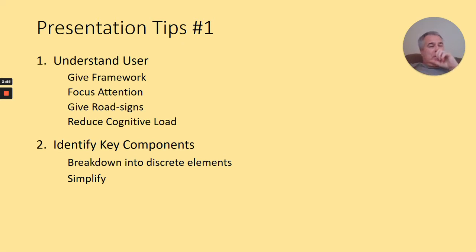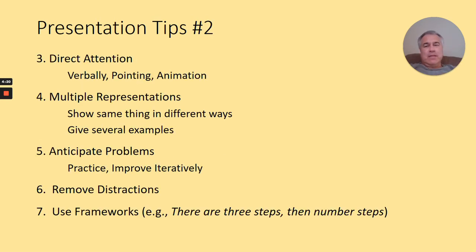Another key component of giving a good presentation is to think about breaking it down into discrete elements and simplifying as much as possible. Lots of times I'll work up what I'm going to talk about, then think about whether there are any details I can pull out that they really don't need to know about, so you can have a clear focus.